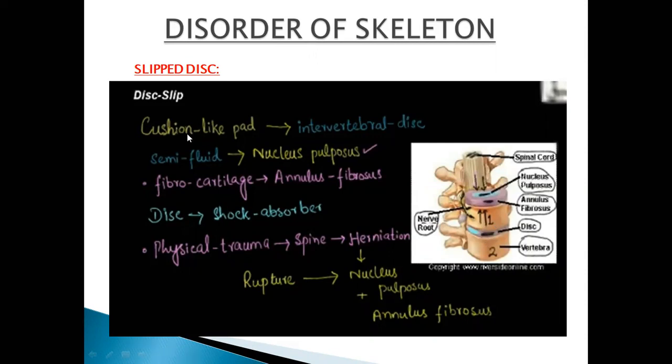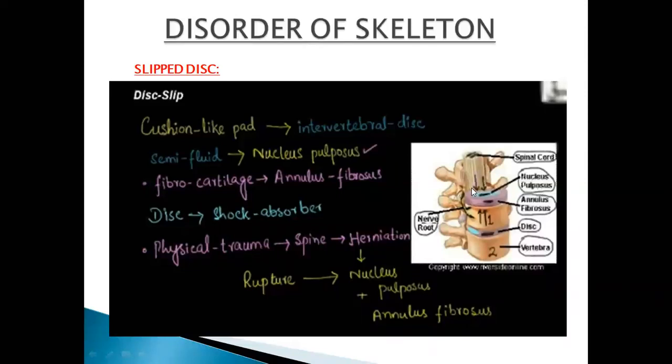So you can say it is a cushion-like pad present in the intervertebral disc, with a semi-fluid nucleus pulposus in the central region. The outermost part is the fibrocartilage, making the annulus fibrosus.